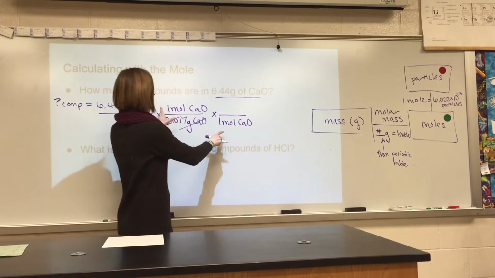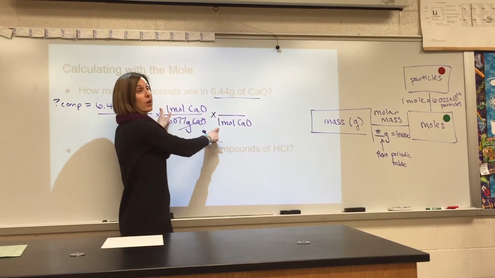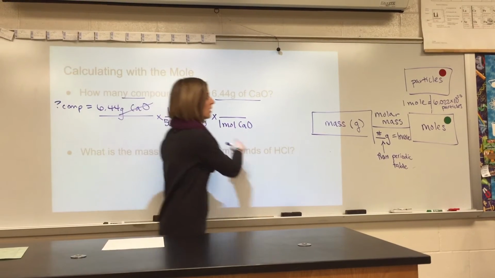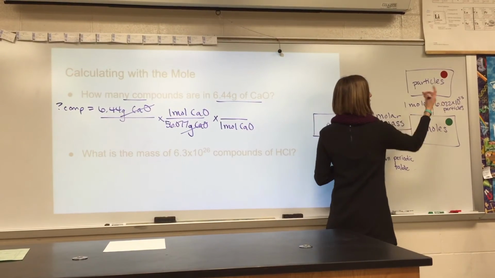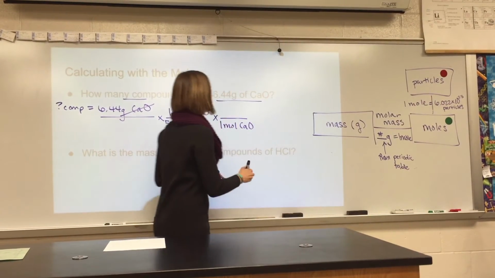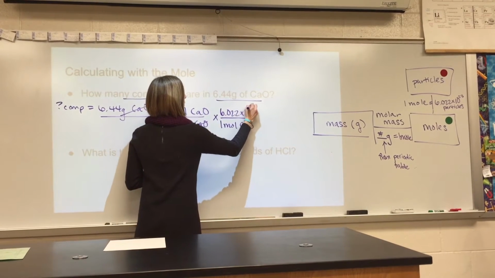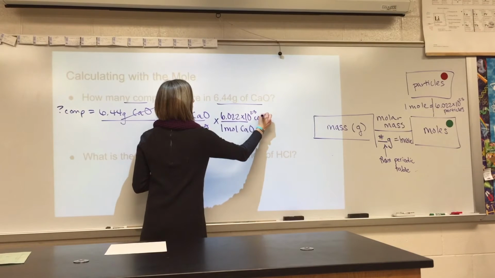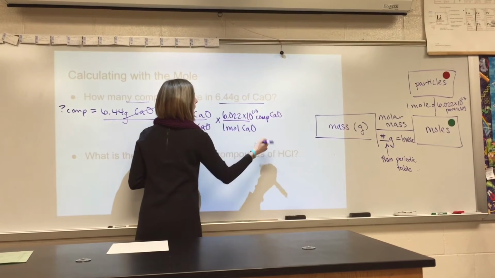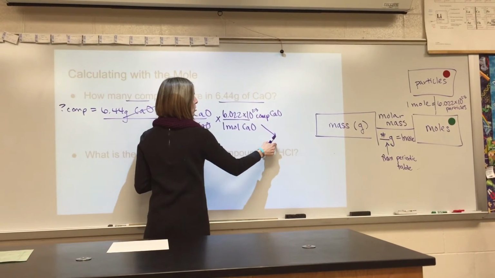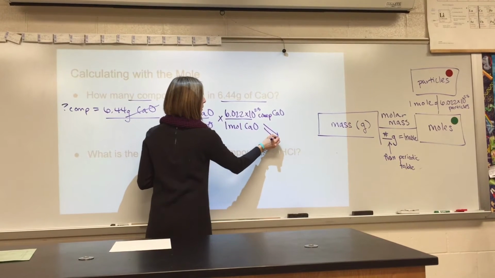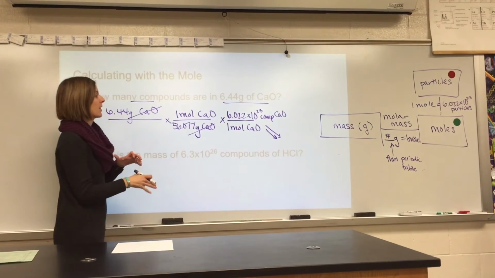So you'll notice in both of these conversion factors, I have the number 1 in front of the word mole. That's very, very important. So that 1 mole is equal to 6.022 times 10 to the 23rd pieces. So I'll put that number on top. And now I can go ahead and I can do my math. And I'm going to go ahead and put my answer down here. I'm just going to make this big equal sign with arrows. And I'll put my answer down at the bottom.